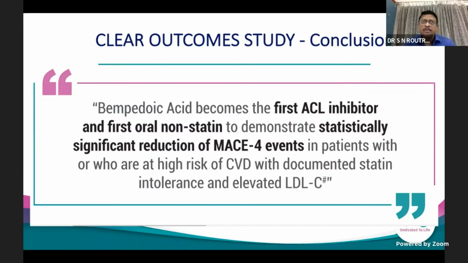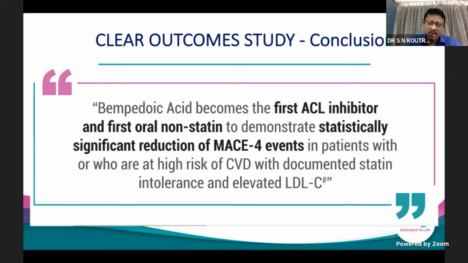So we can say this is the first trial of bempedoic acid. It has shown a reduction of LDL cholesterol by about 21.6%, a reduction of hsCRP by 22%, and a reduction in 4-point MACE. Cardiovascular death was reduced by 13%, non-fatal MI by 15%, and revascularization by about 19%. All these things are reduced.